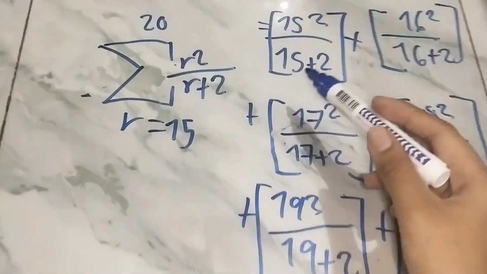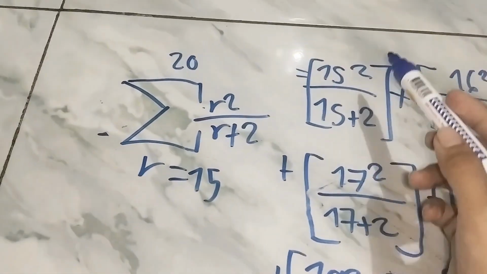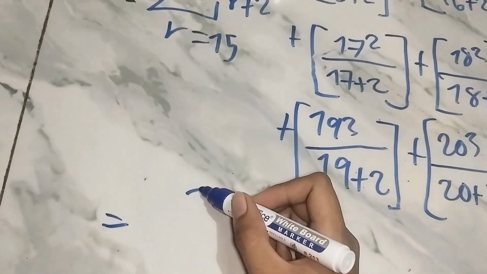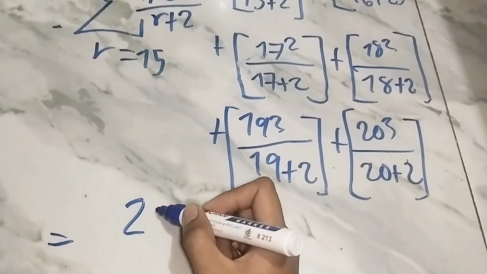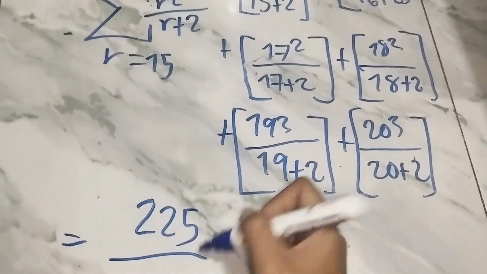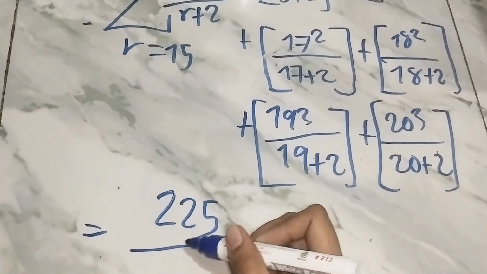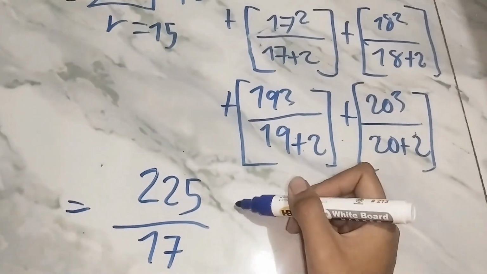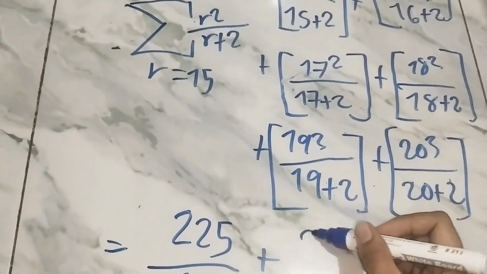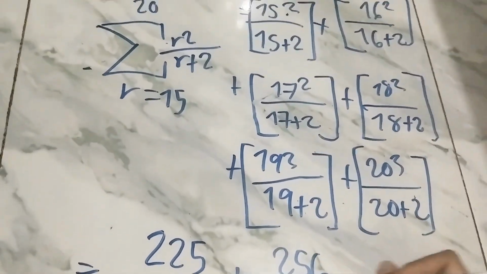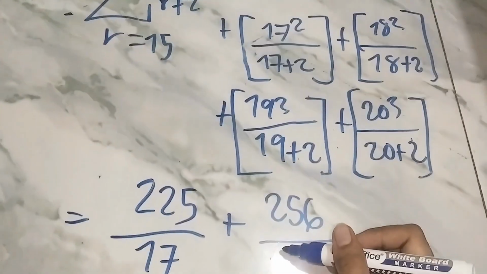Okay, so starting here. 15 times 15, we have, I mean, 15 squared is 225 over, so 15 plus 2, we have 17, plus 16 squared, we have 256 over 16 plus 2, we have 18.